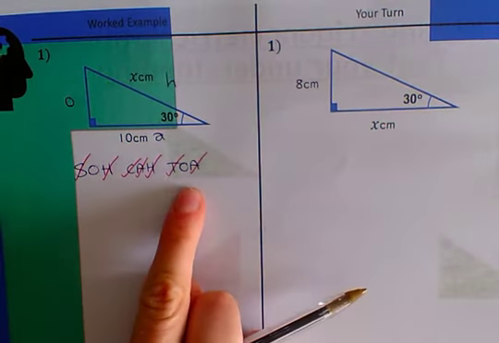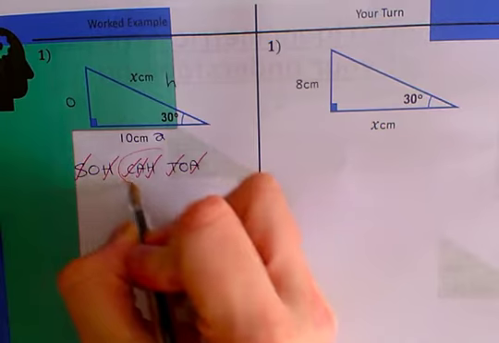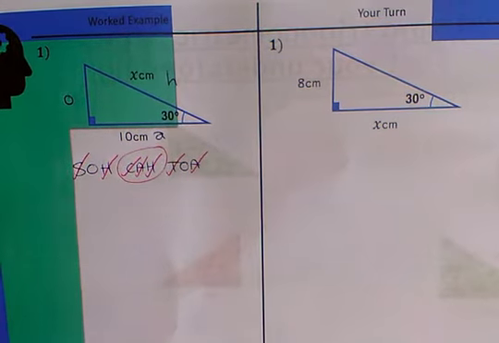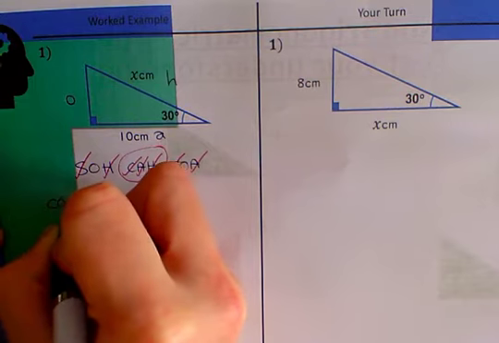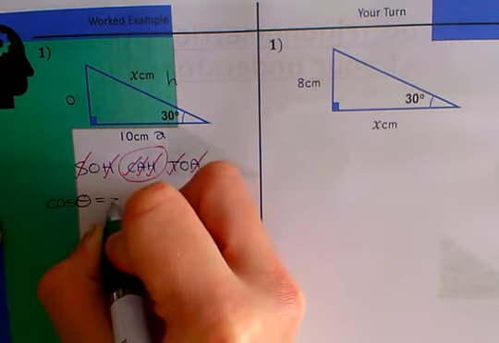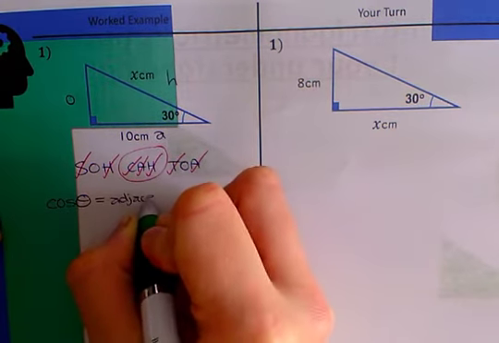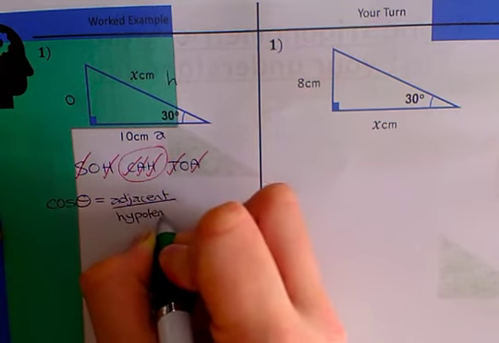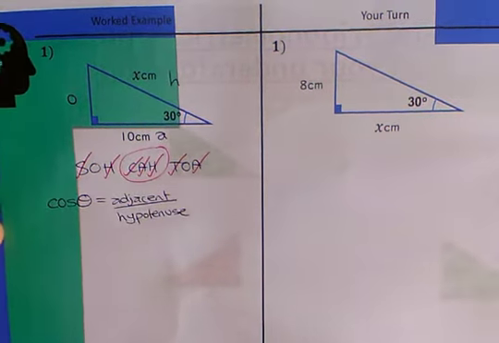And the only trig ratio with all three ticked off is this one here, so we're going to need to use cos. So I'm just going to write down cos of the angle is equal to the adjacent divided by the hypotenuse, and then we can substitute in what we know.